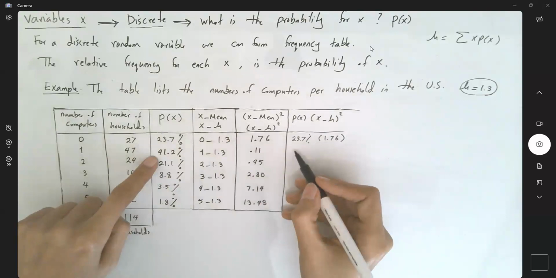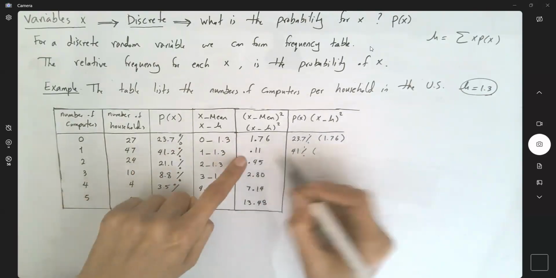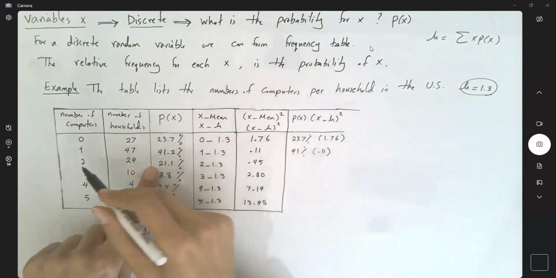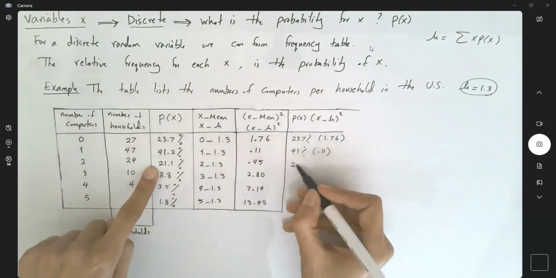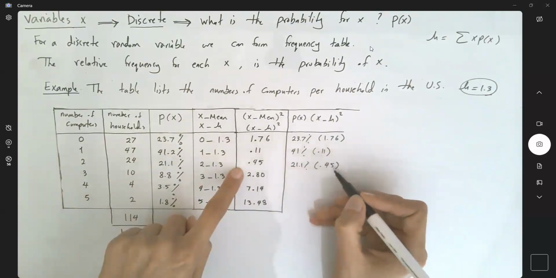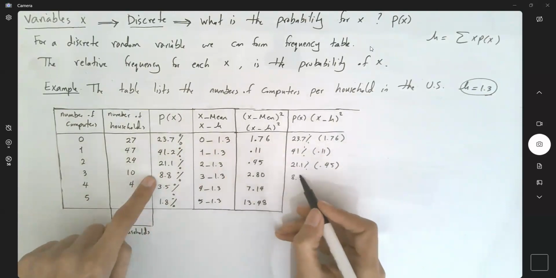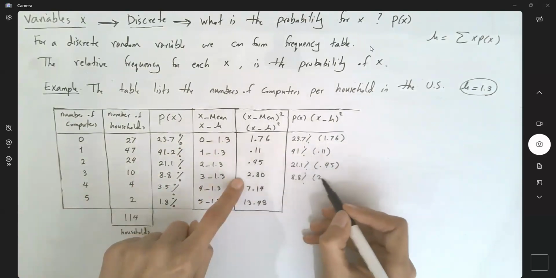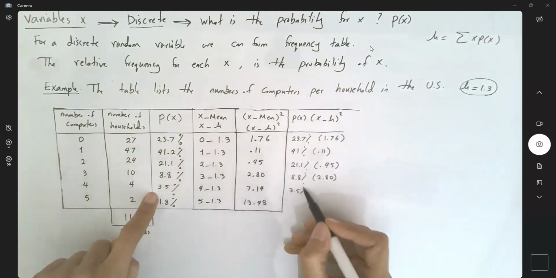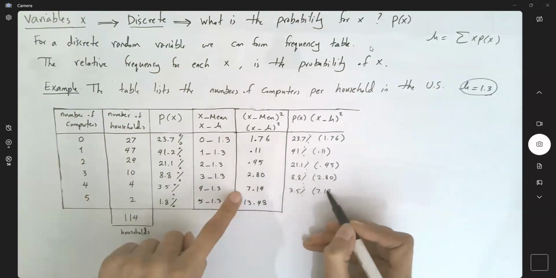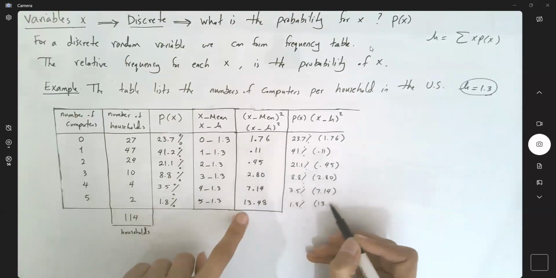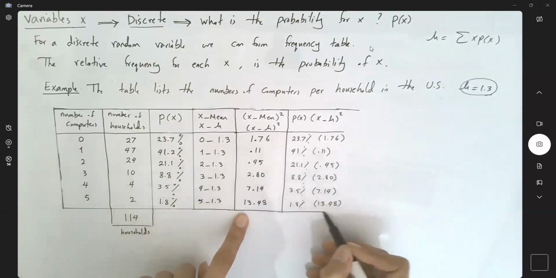We're going to take 41% and multiply that by 0.11. The next probability is for variable 2. We have 21% multiplied by 0.45. 8.8% multiplied by 2.80. Then you have 3.5% multiplied by 7.14. You have 1.8% multiplied by 13.48.